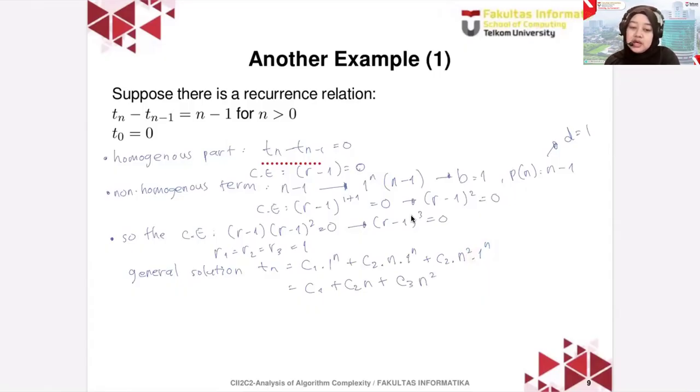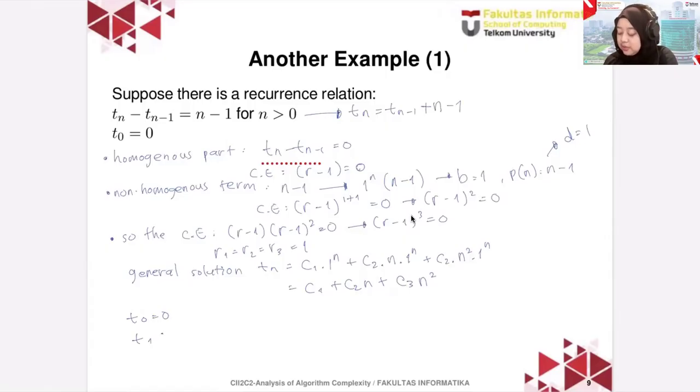And now we have to find the values of C1, C2, and C3. So we need three equations. We need three base cases. So we know that T0 is equal to 0. And for T1, from here, we know that Tn is equal to Tn minus 1 plus n minus 1.